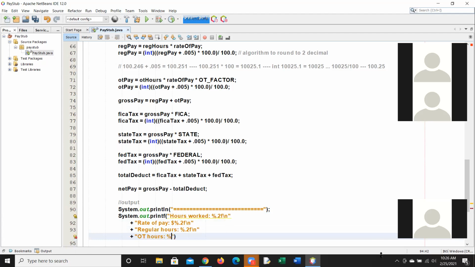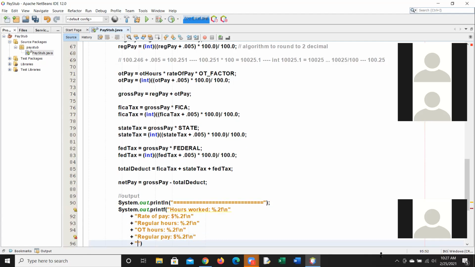And that'll be a % sign, 0.2f \n. And then I'll have regular pay. And that'll be a $ sign, % sign, oops, % sign, 0.2f \n, enter.